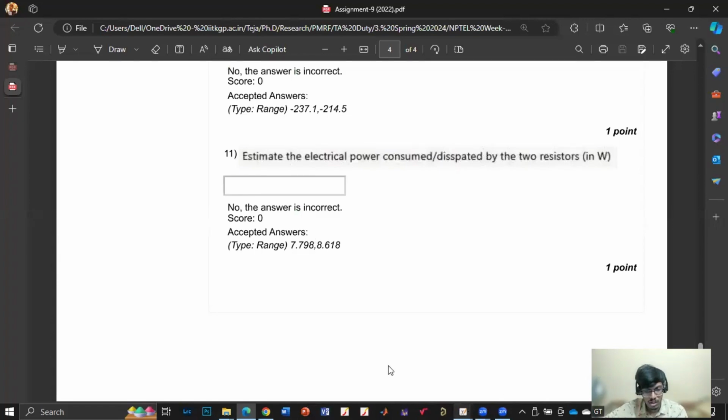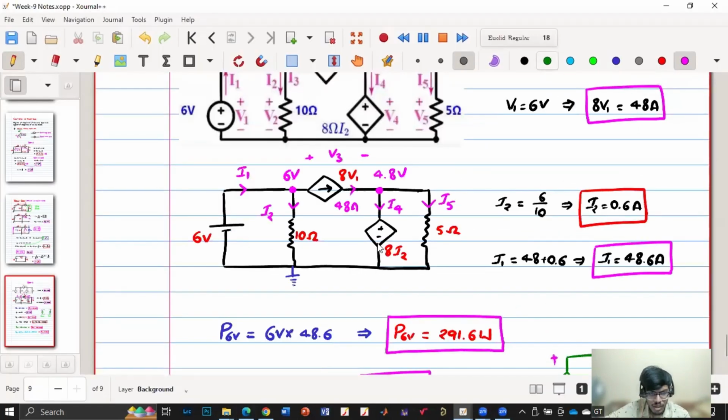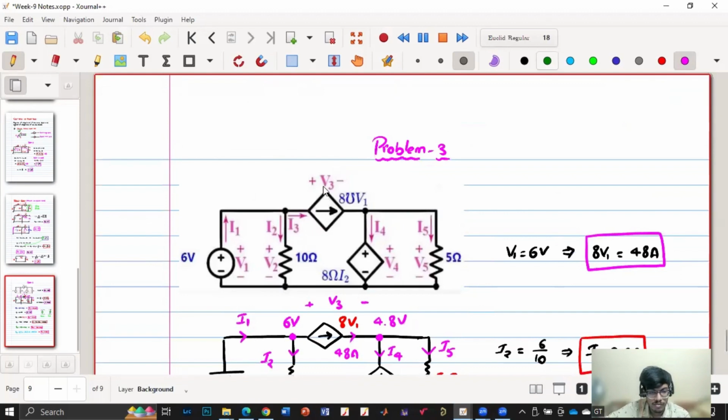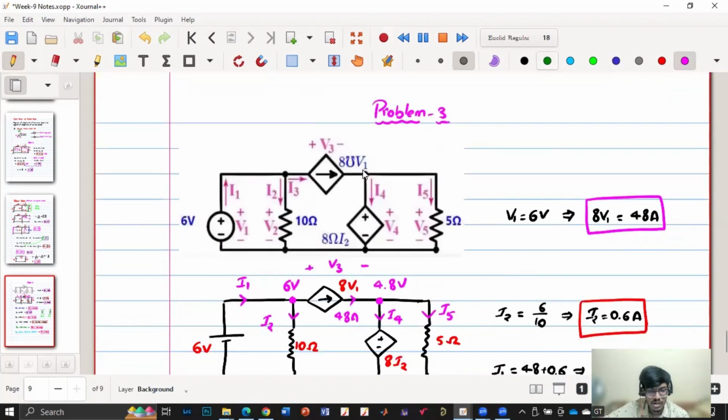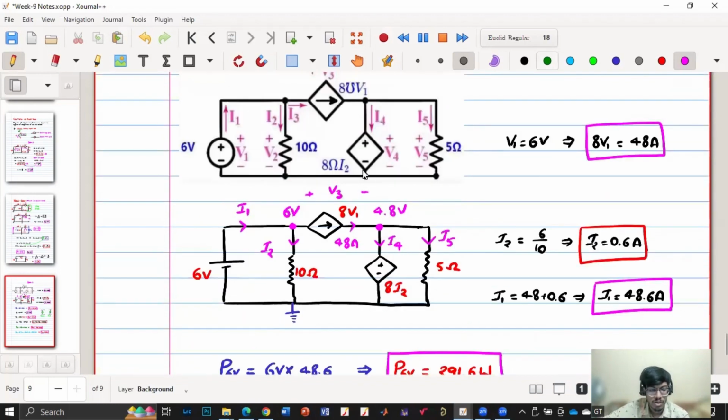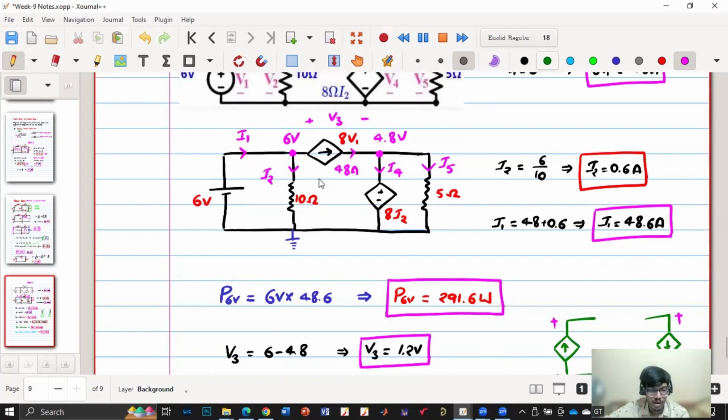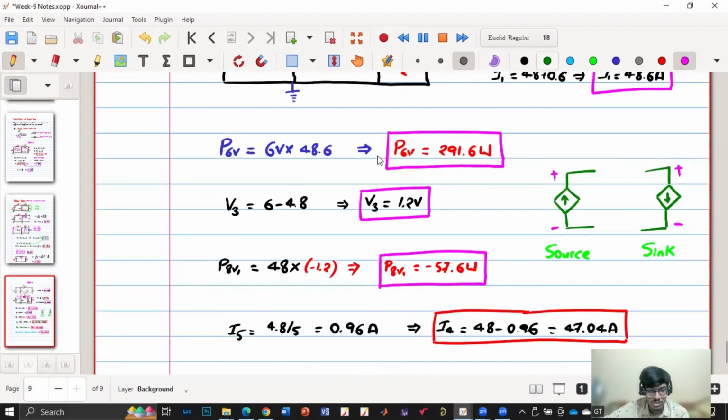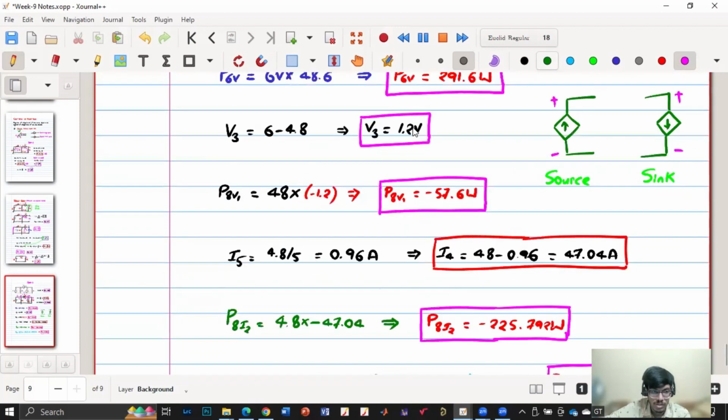Just to summarize, in the last problem we considered the given circuit and they were asking the power supplied or consumed by the sources. So we had to find the current flowing through the voltage source and the voltage across the current source. We calculated the currents and voltages, from which we saw whether they are consuming or delivering power.